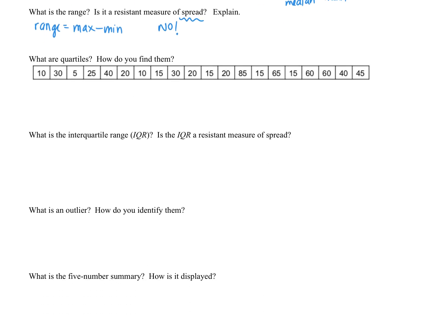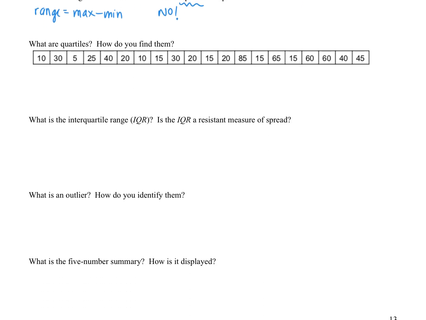Okay, so next thing to talk about is quartiles. You might have heard them before. It's not really a measure of center or spread, but it is something that will be used. So Q1 is called the lower quartile, and it is the 25th percentile.